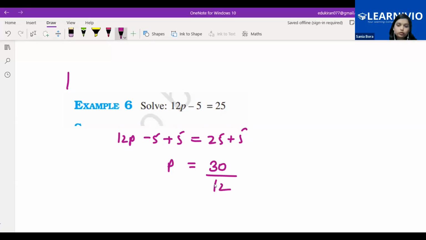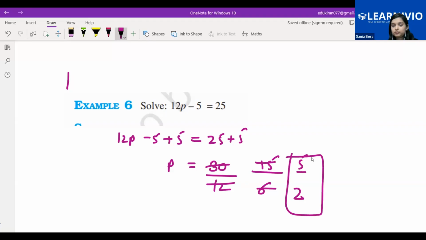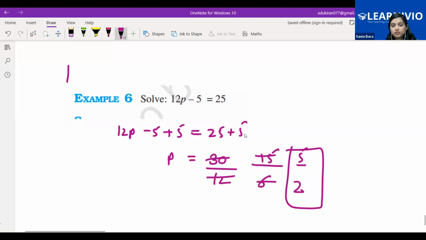Then with which table? 2 table? 2 sixes are 12, 2 fives are 10. Then 3, 2, 5. This is what you got? Ma'am, but I divided it by 3, so I got 10 by 4. Yeah, so 10 by 4 you can further simplify, no? 2 fives are 10, 2 twos are 4. Yes, ma'am. It's 5 by 2.